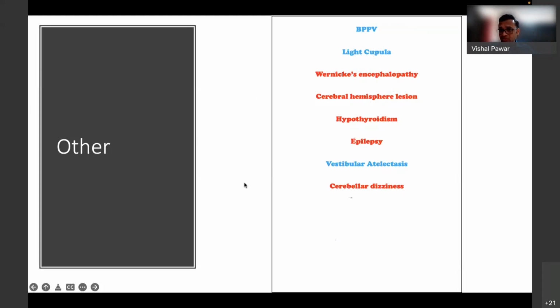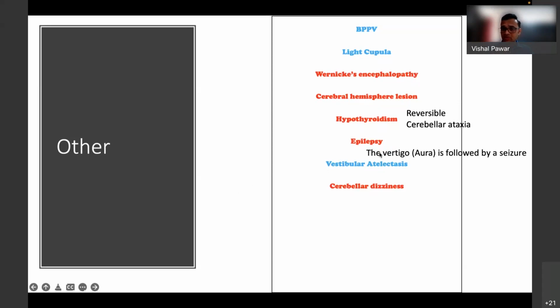Hypothyroidism can cause reversible cerebellar ataxia. If a patient presents with subacute cerebellar ataxia, imbalance of gait, it is very important to check the vitamin B12 level, and thyroid also, because patients with hypothyroidism can develop reversible cerebellar ataxia.